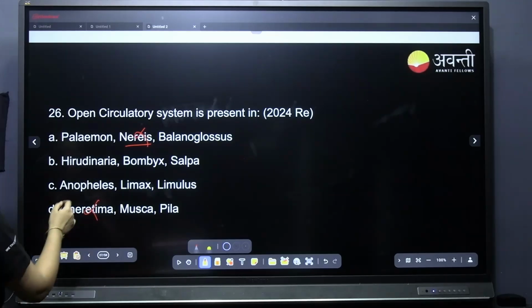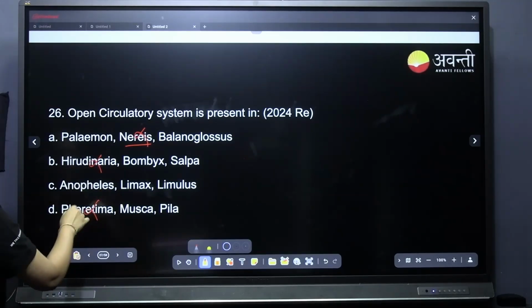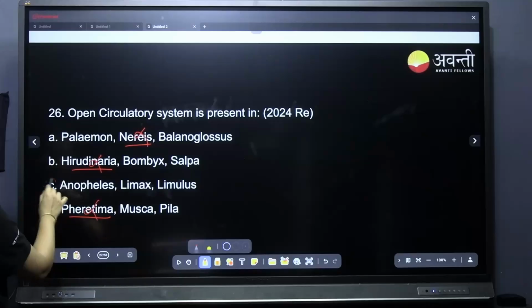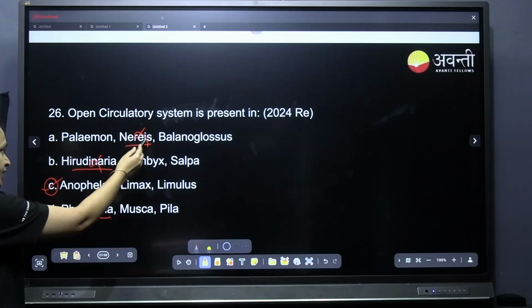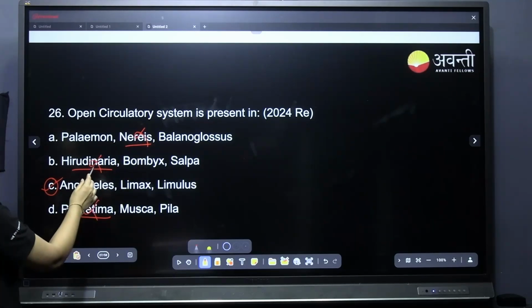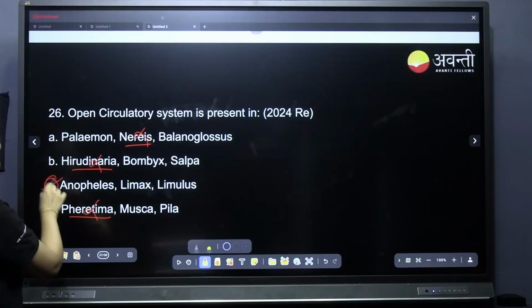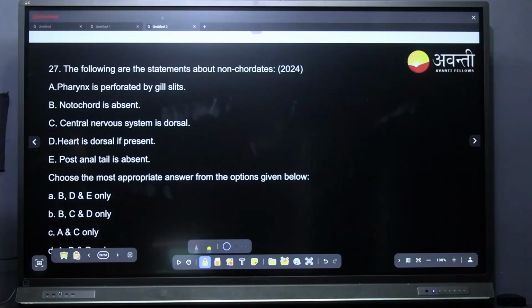Yes, Hirudinaria has closed circulatory system. This is an annelid, this is also an annelid, which makes C the correct answer. We can eliminate it. Nereis is an annelid, so it has closed. Hirudinaria is an annelid, and Pheretima is an annelid, which makes C the right answer.